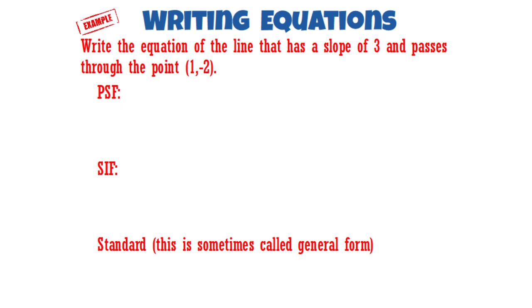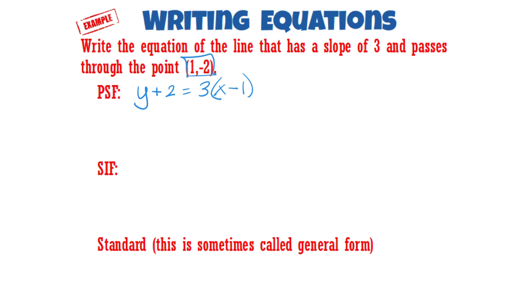So remember that you're going to take y minus y, but you're going to grab the y from the ordered pair. So it's going to be y minus -2, which turns to +2, equals m, which is your slope. We know that's 3. And then x minus the x value from your point. So that right there is point slope form, and you're done.